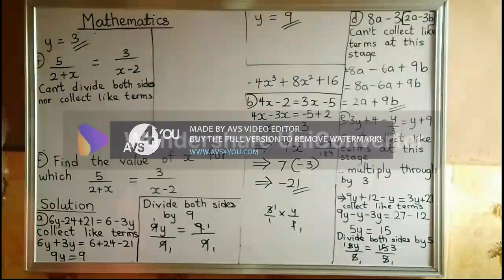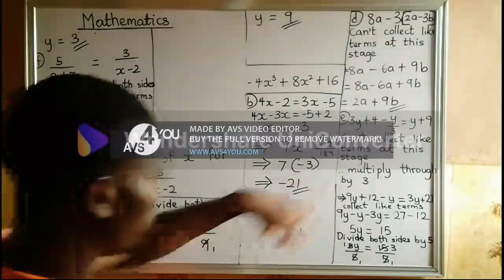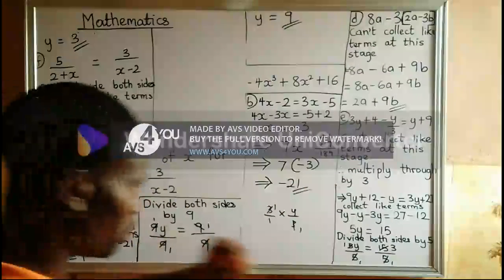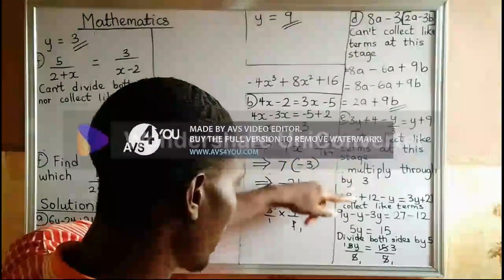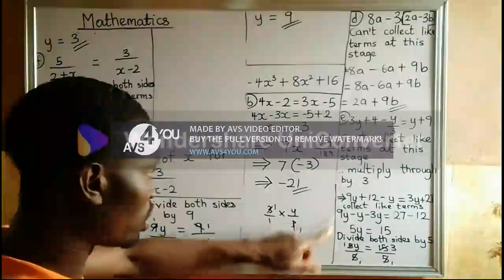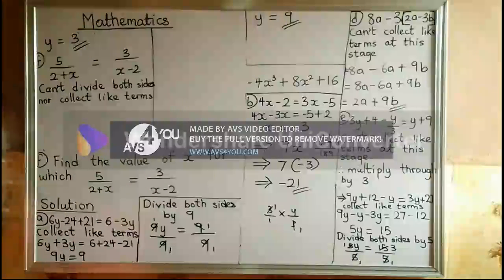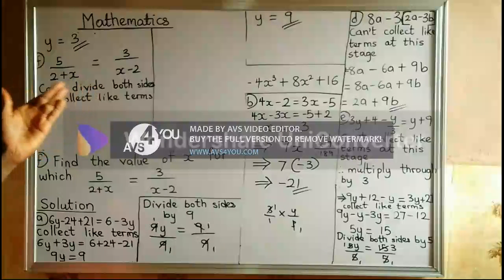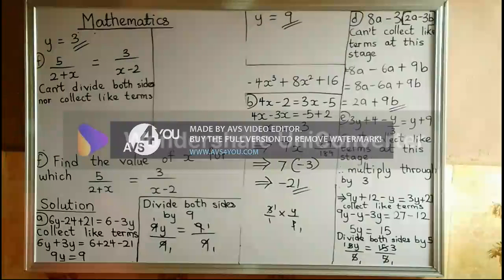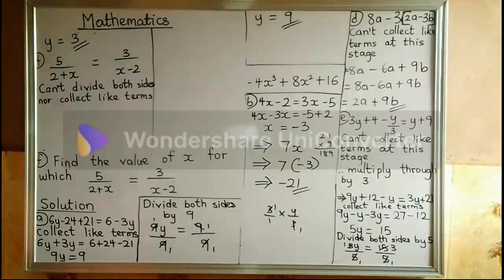So what do we do? In the previous example, example 2e, when we couldn't collect like terms, we multiplied through by something. Let's see if we could multiply through by anything. Remember, you multiply through by the LCM of the existing denominators. But in this case, wow, the denominators are even much more complex.